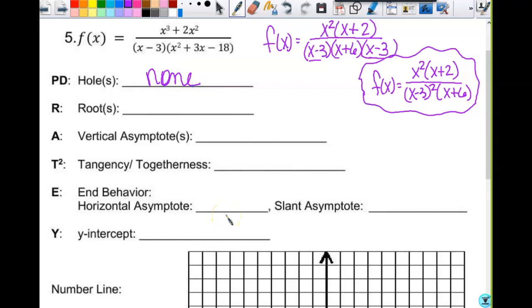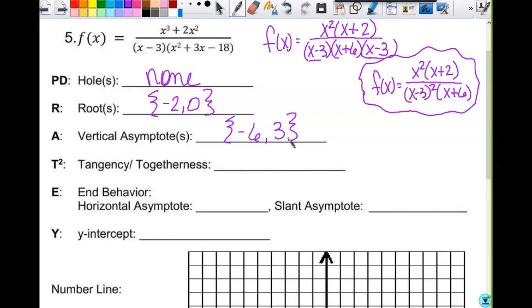My roots, I get those from the numerator, so they are negative 2 and 0. The vertical asymptotes come from the denominator, so they are negative 6 and 3. Tangency and togetherness. I have both here, right? Because I have exponents in the numerator and in the denominator.